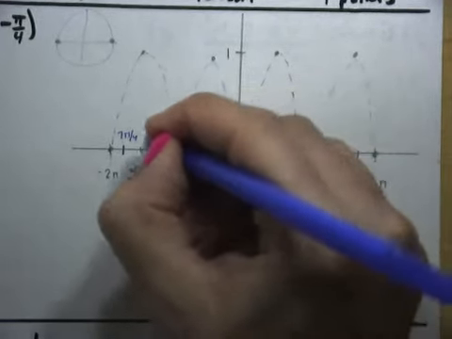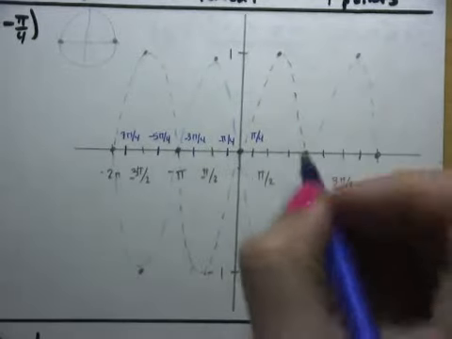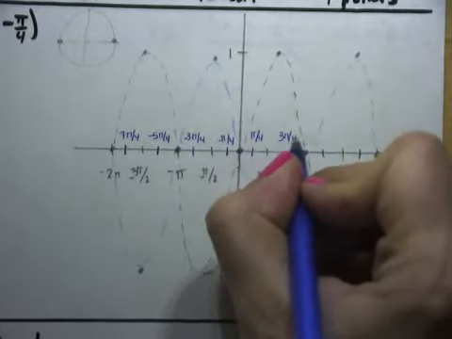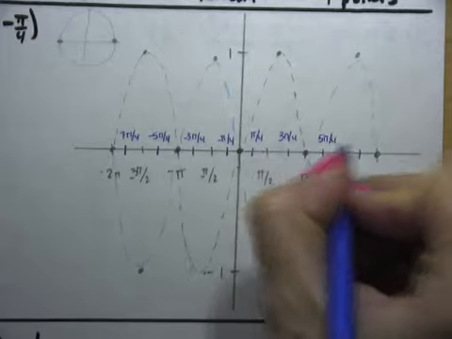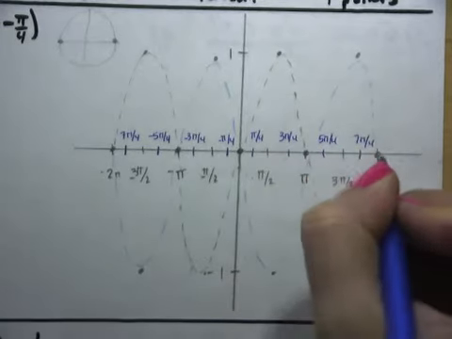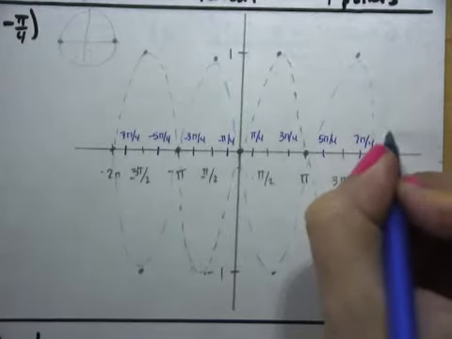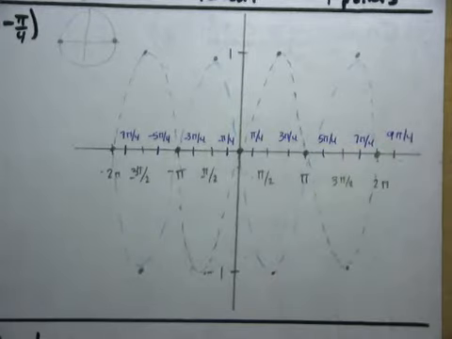Sorry, of course, these are all negative. So each one of these graphs takes a little while. 8 pi over 4 and 1 more fourth would be 9 pi over 4.